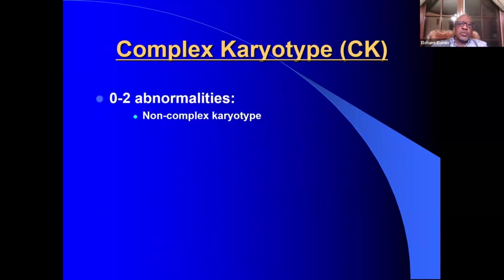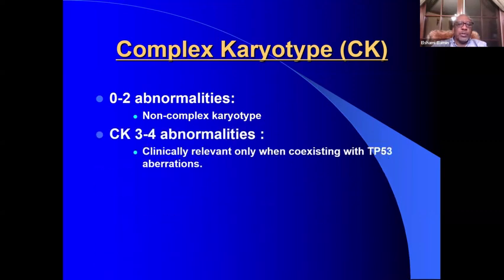Another genetic abnormality is complex karyotype. So if we find 0 to 2 abnormalities, that's considered a non-complex karyotype. But if we find 3 to 4 abnormalities, that is clinically relevant only if it coexists with a TP53 mutation.